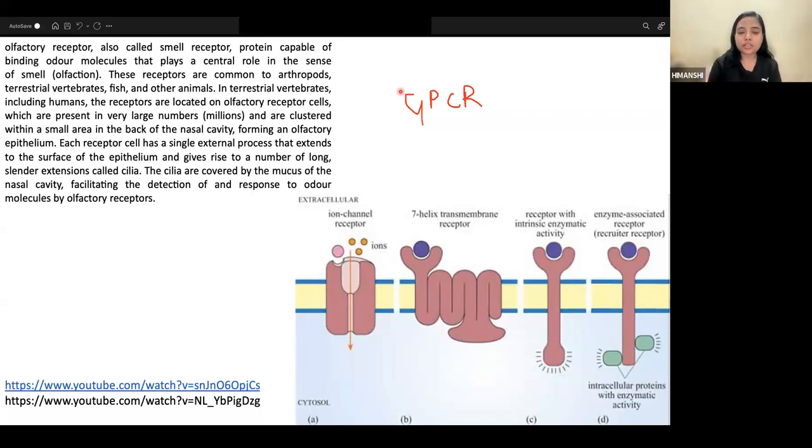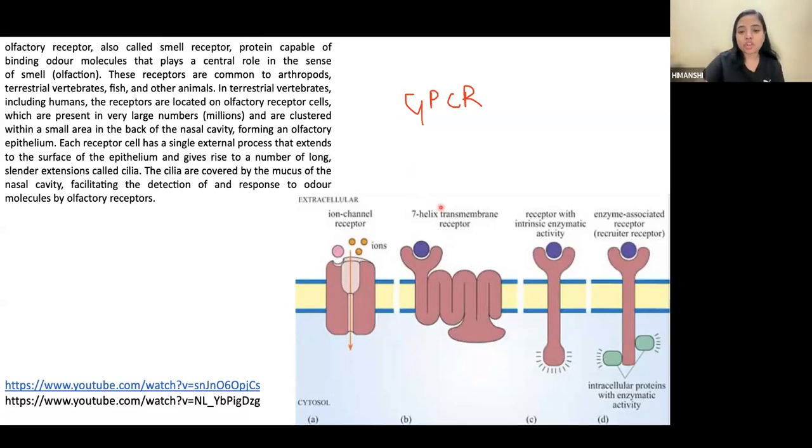Even in that vision system, the receptor which is functioning at a single molecule level also belongs to a class of GPCR. So now you can understand the importance of GPCRs, right? Our smell, our vision, and other aspects are connected with only one class of protein, which has a structure of 7 transmembrane helices, indicating that this 7-helix transmembrane receptor structure is important, right?